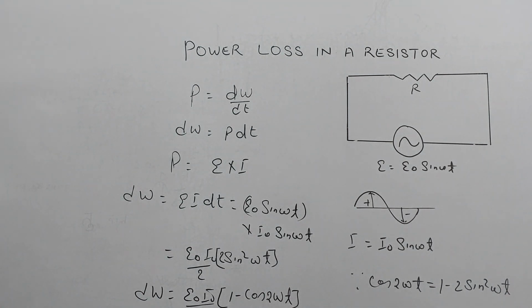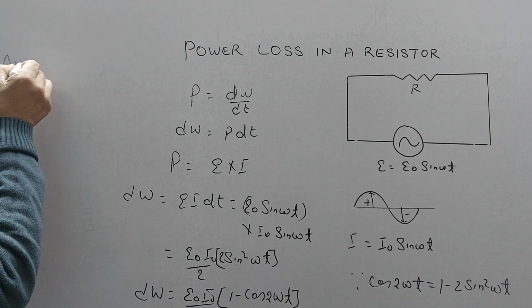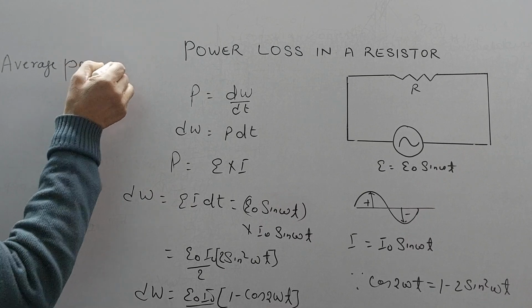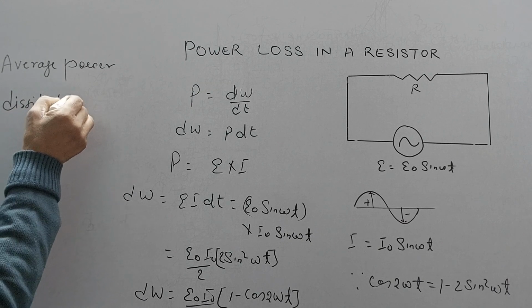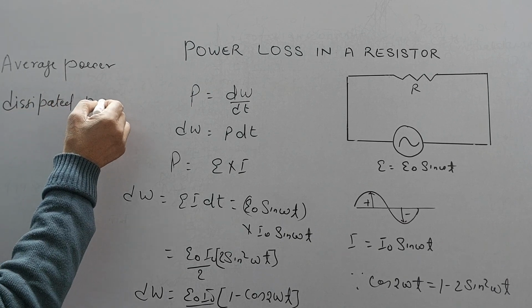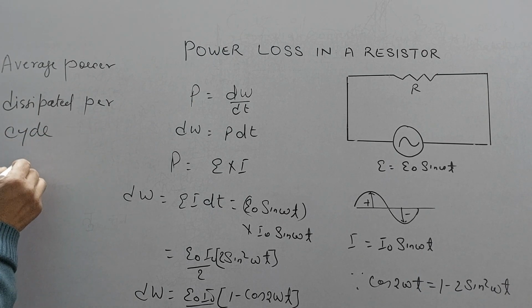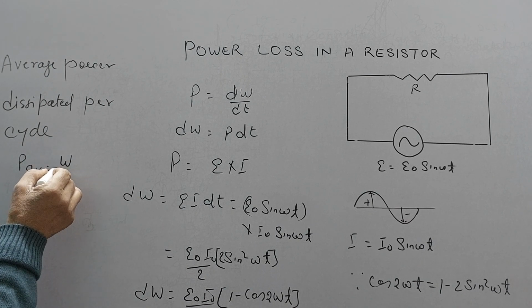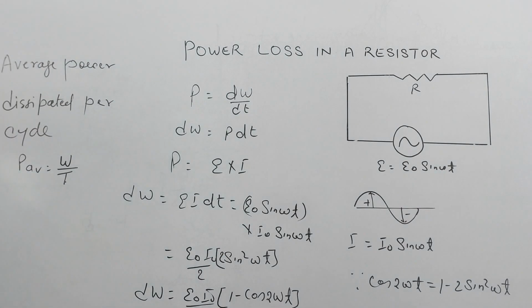Now the average power loss, the average power dissipated per cycle, will be P average equal to work done divided by time. In one cycle the time taken is one time period.